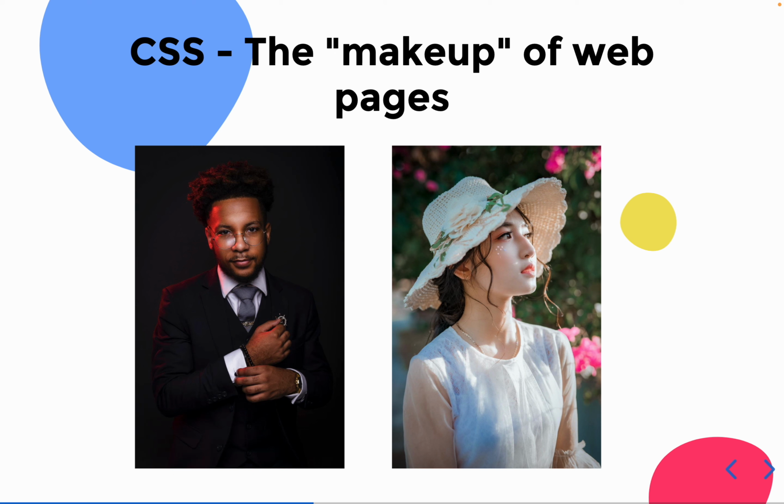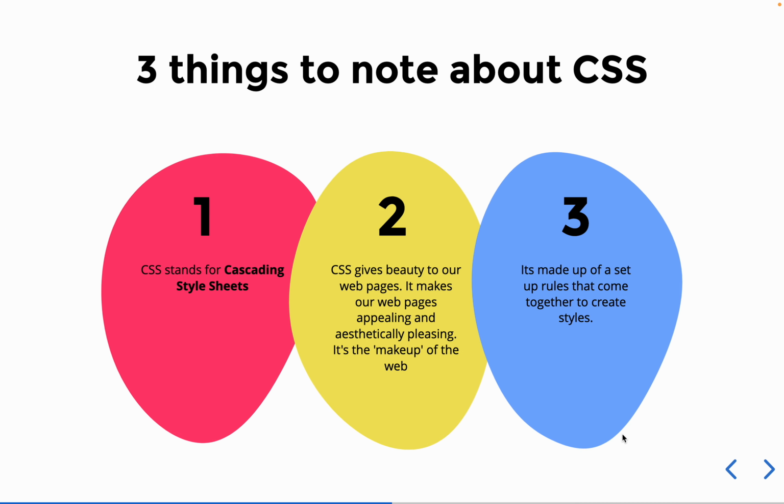So CSS adds beauty to our web pages. They cover up all those ugly HTML structures, like the skeleton. They give us fresh skin, good eyebrows, great clothes. So if you remove everything from this guy, plus his skin, you're going to see a skeleton, and that's basically HTML. So basically, in a nutshell, CSS is the makeup of web pages.